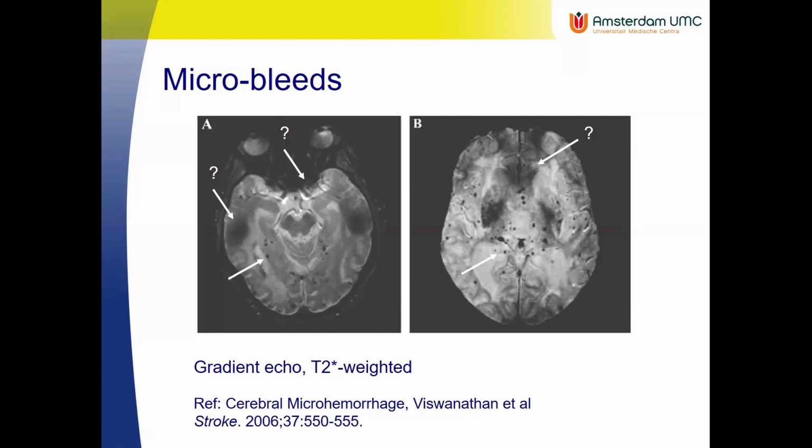Could you guess what sort of locally disturbs the homogeneity of the magnetic field there? Because you have a similar signal drop, although it's a tiny spot.